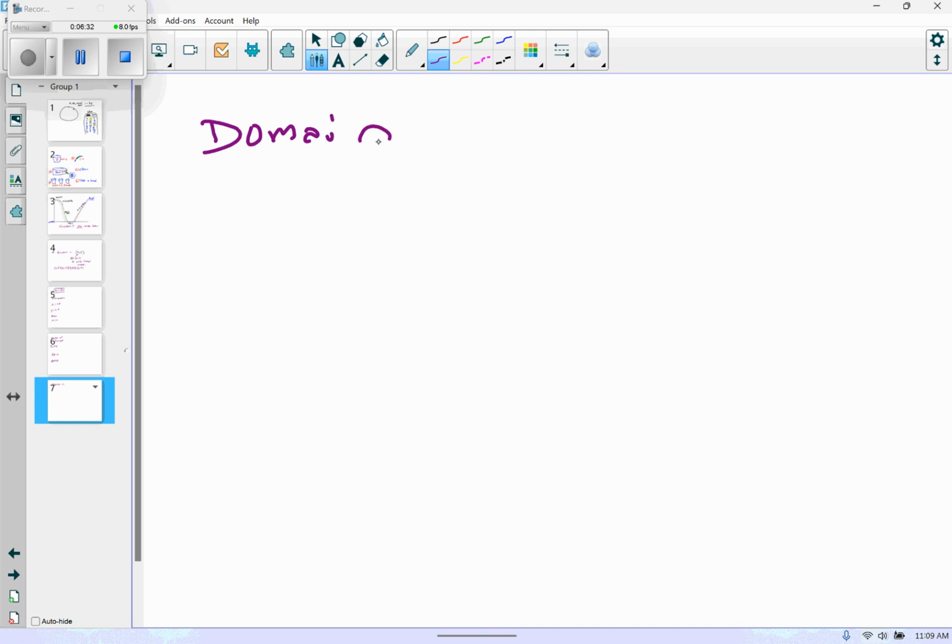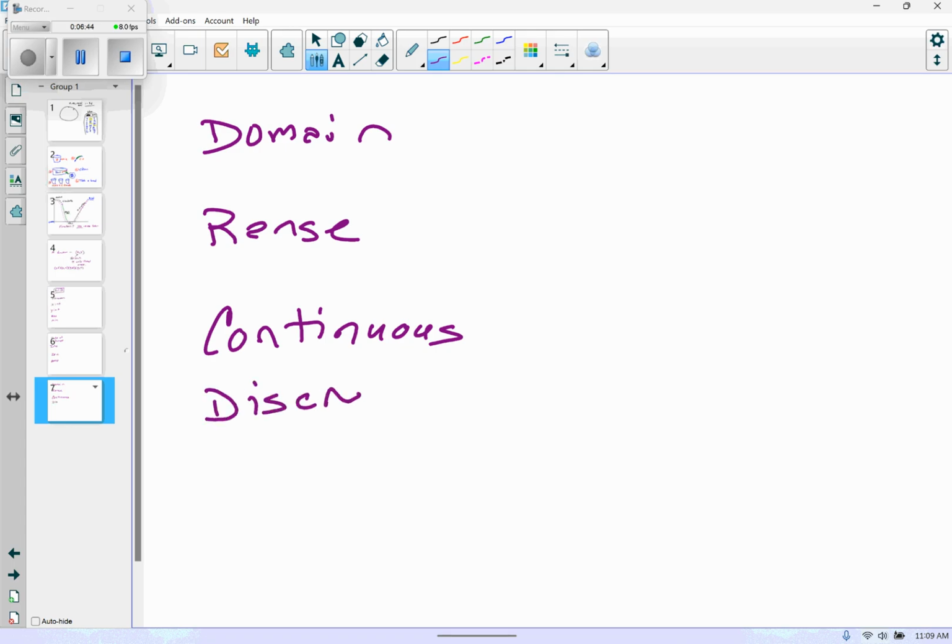If you flip over that page, you have range, you have continuous, which we've talked about a lot, discrete, which we've talked about a lot, and discontinuous.